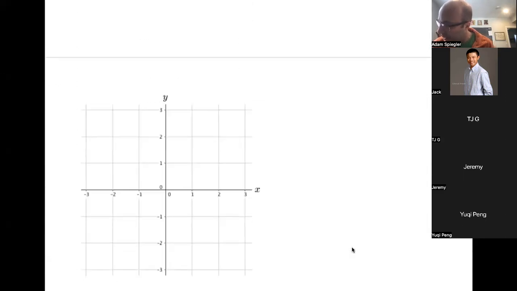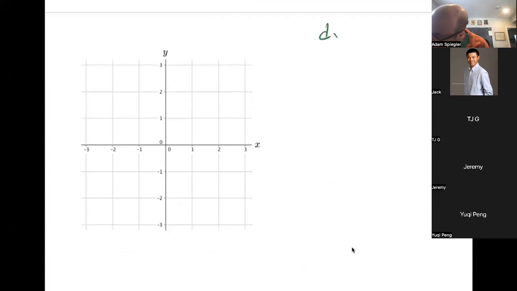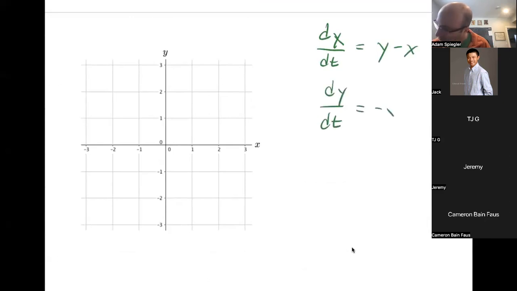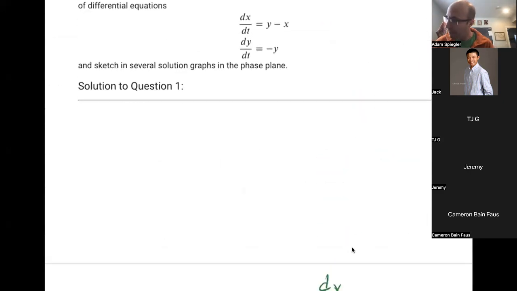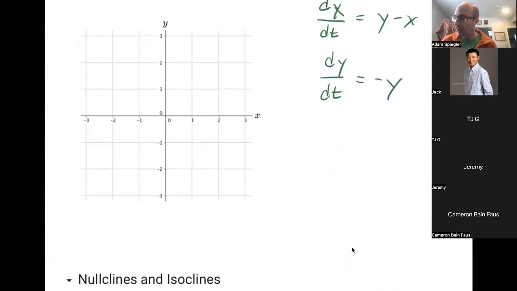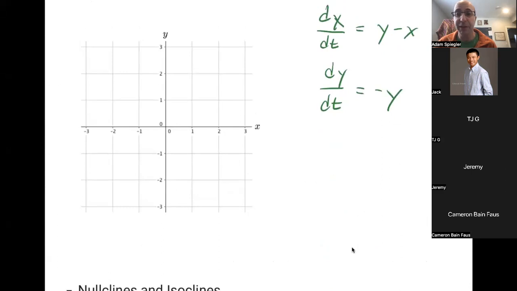So here we are. Our differential equation is dx/dt is y minus x, and dy/dt is minus y. And we want to sketch some vectors here.